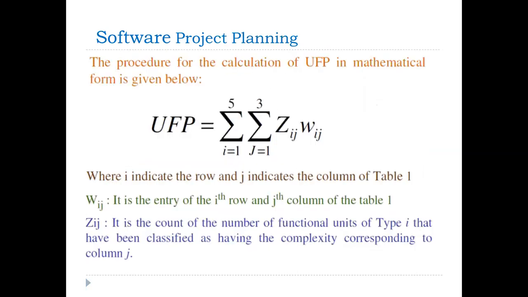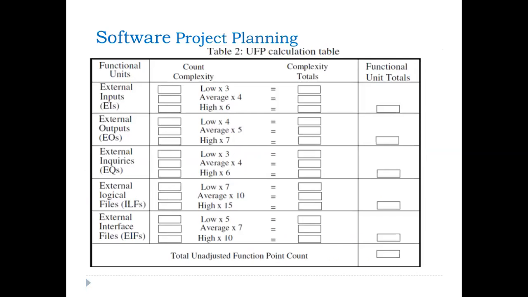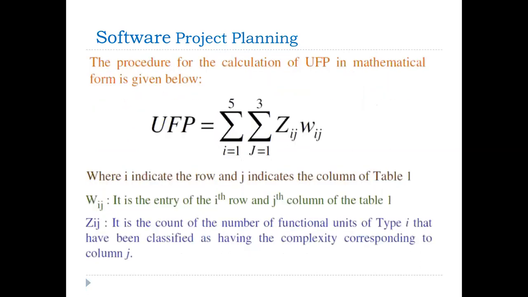Here i equals 1 to 5 covers external inputs, external outputs, external inquiries, external logical files, and external interface files. And j equals 1 to 3 means low, average, or high, the 3 categories. So Zij is a count of the number of functional units of type i that have been classified as having the complexity corresponding to column j. With the help of this formula, we can calculate the UFP.